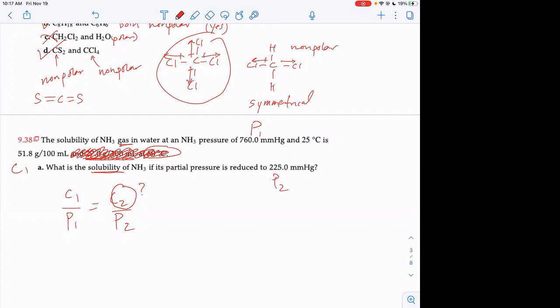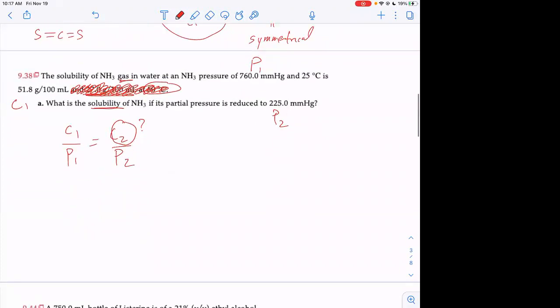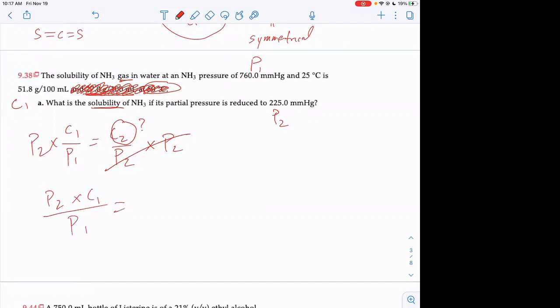Now, what are the things we've got to check for before we just plug everything in? Make sure the units on pressure are the same, and they are. So now we just cross multiply both sides by P2. That cancels there, so we've got P2 times C1 over P1. That's going to be our equation to solve for C2. So P2 is the 225 times C1, which is the 51.8 grams per 100.